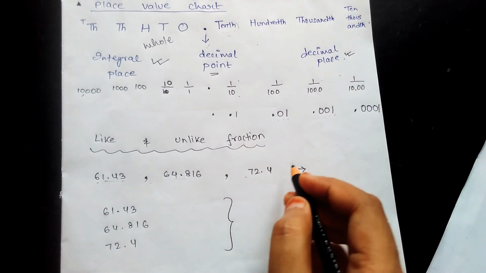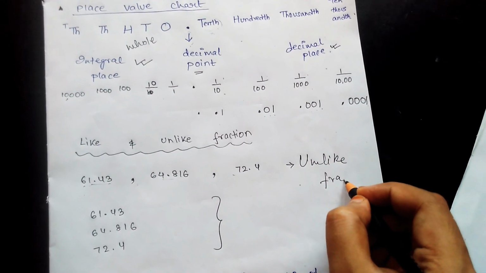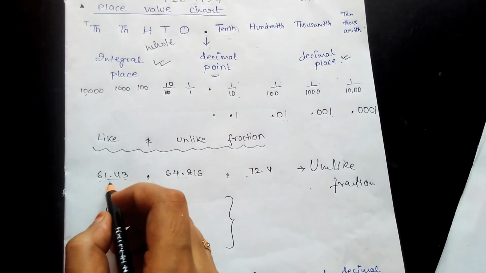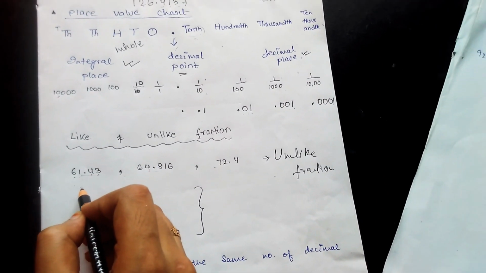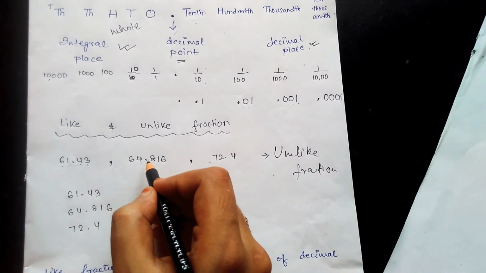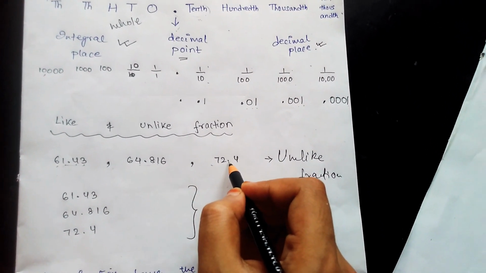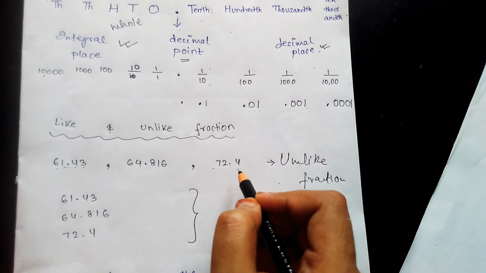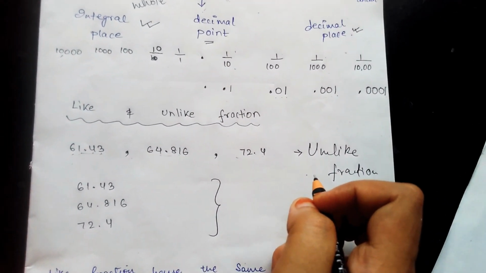These three are unlike fractions. Why are they unlike fractions? Because after the decimal point we have two digits over here, meaning two decimal places. Here we have three decimal places, and here we have only one decimal place. So these three are unlike fractions.